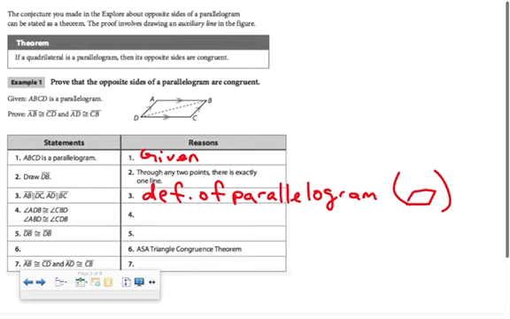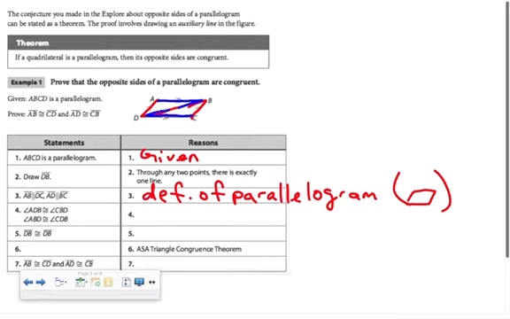And then it says angle ADB, that's this angle, is congruent to angle CBD, this angle. And also that angle ABD is congruent to angle CDB.